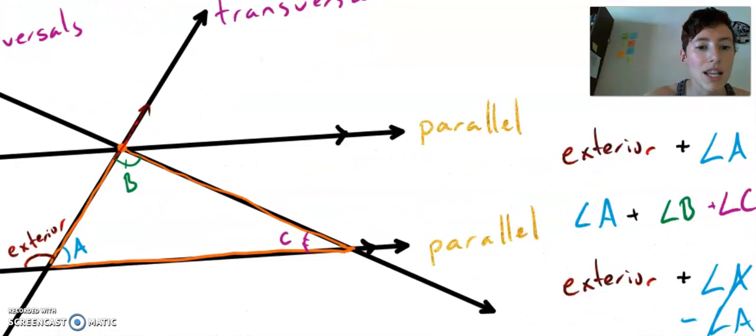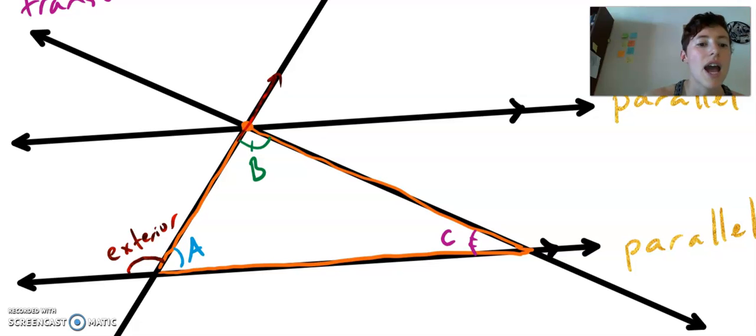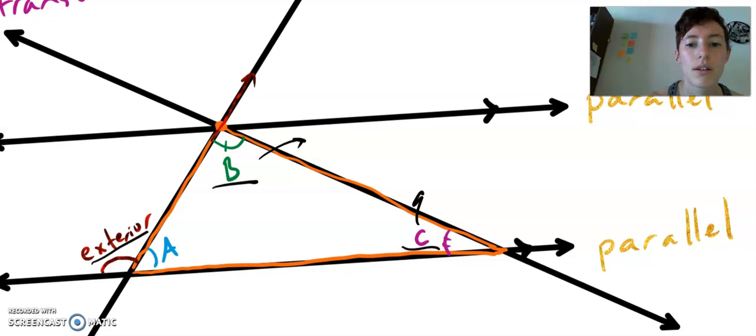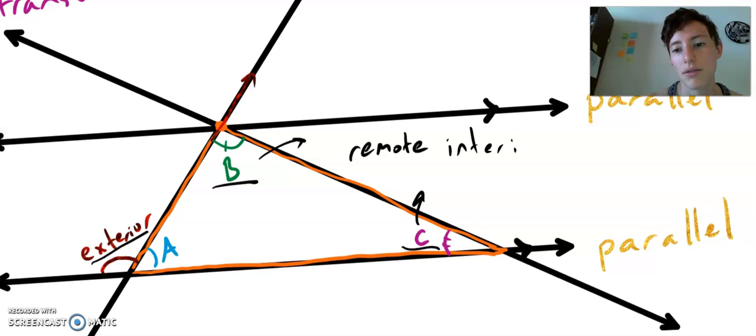It means that the exterior angle right over here, that exterior angle on that side, is actually equal to the sum of B plus C. So it's those two angles that are opposite of it, that are furthest away from it in the triangle. And we have names for those. We call these remote. Remote meaning far away. And of course they are interior angles.